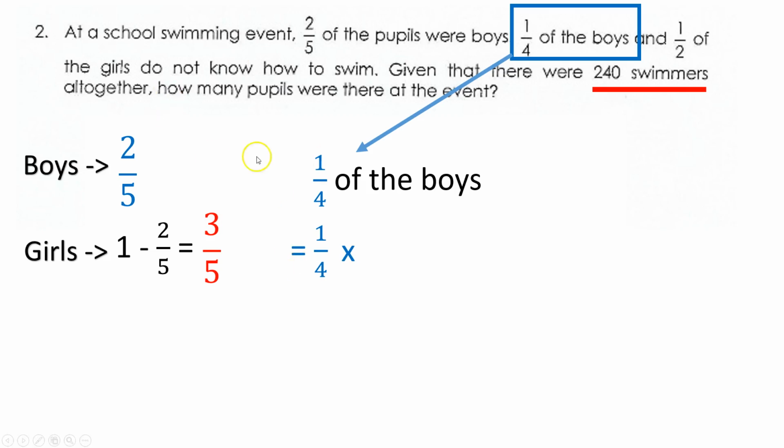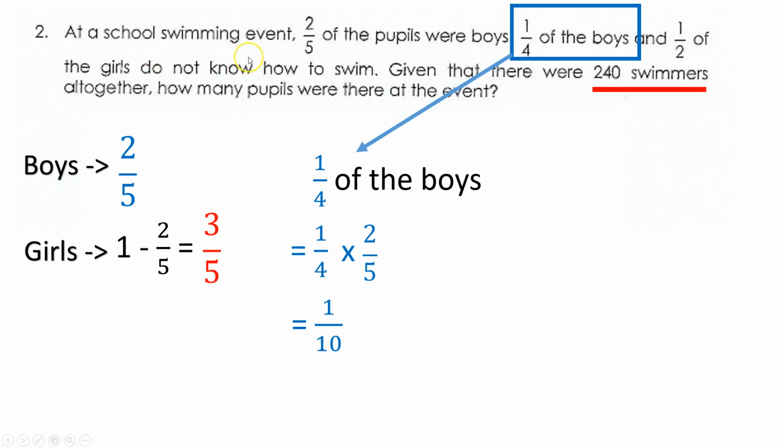Boys, in this case, what is the fraction of the boys? You see over here, 2/5. So I will plug in that fraction 2/5 because 2/5 represents the boys. And with my calculator I simplify, and it becomes 1/10. Okay, now you have done it for the boys. Now we do it for the next part of the sentence that talks about the girls.